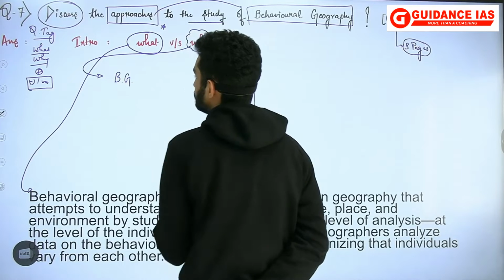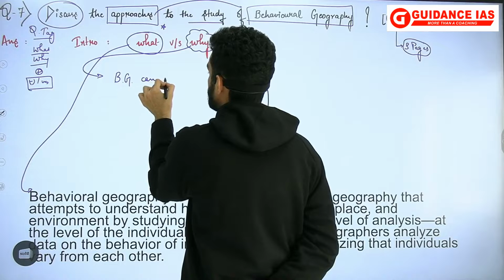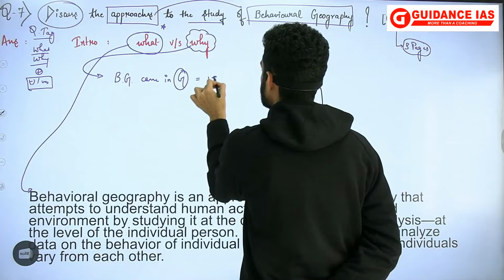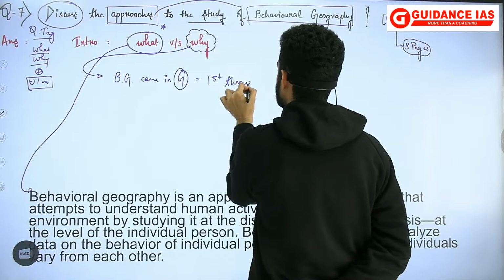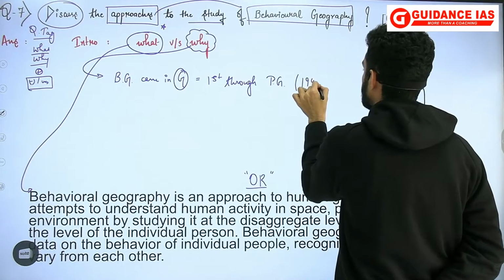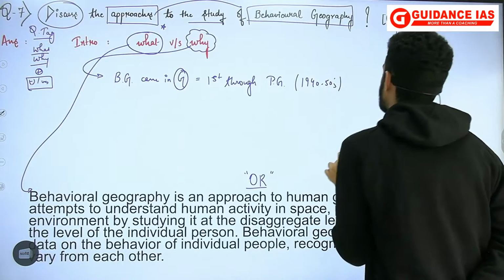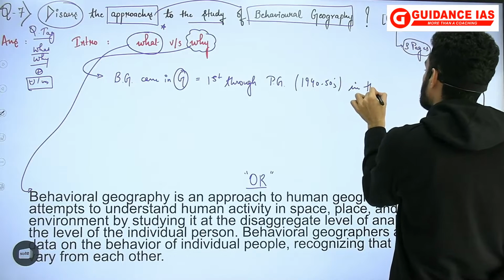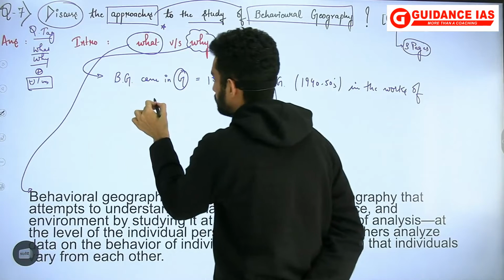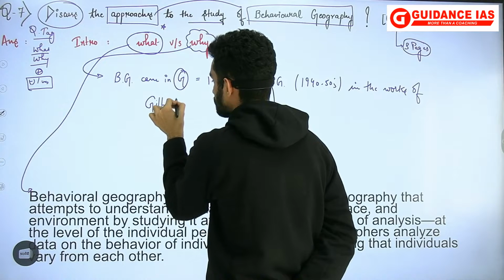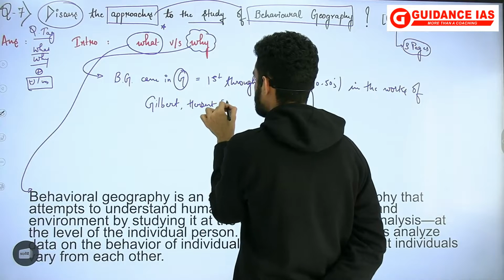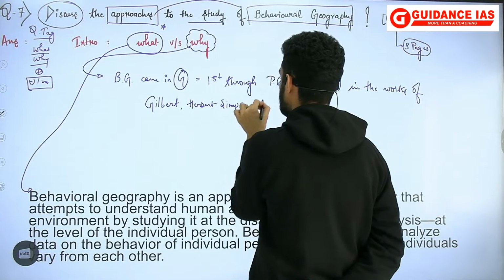Behavioral geography came in geography first through physical geography during the period of 1940s and 50s in the works of Gilbert. Then we have Herbert, Simpson, and the works of Cates.